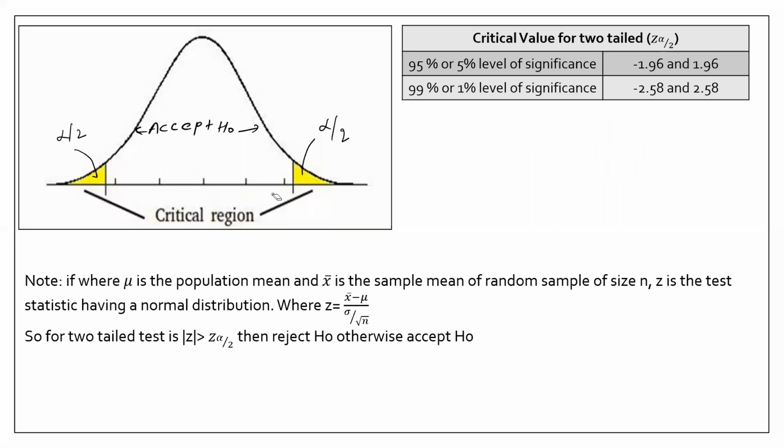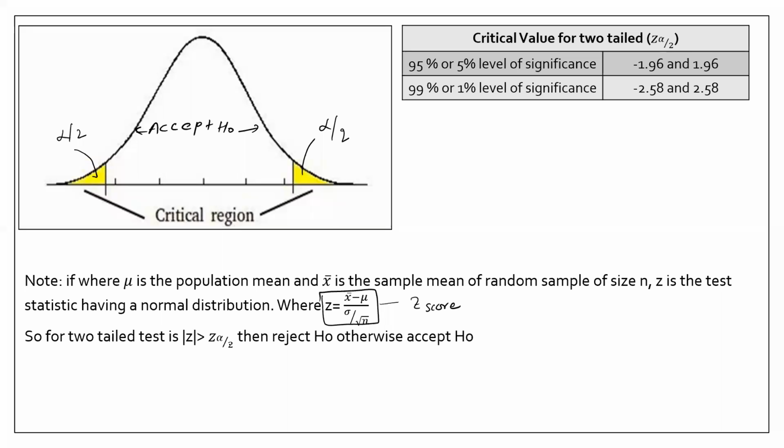So how to reject and accept the hypothesis? When you have a standard normal variate Z, this Z you have to remember. We call this the Z score now.